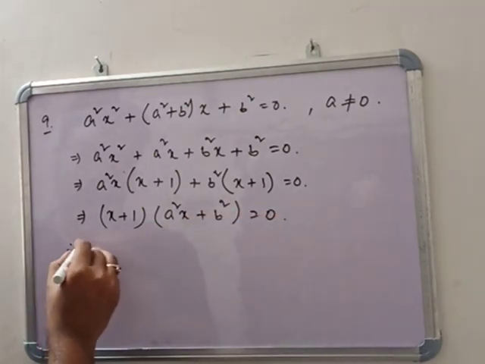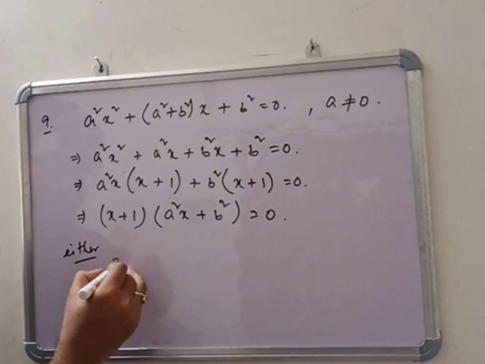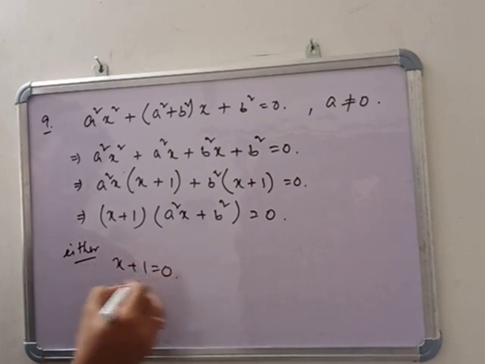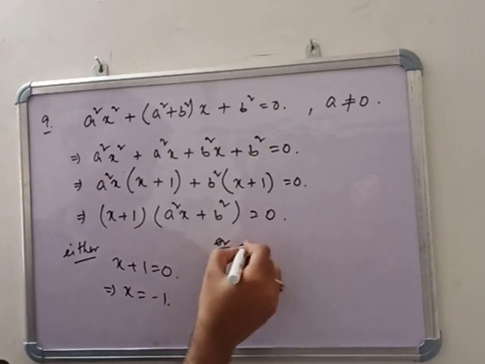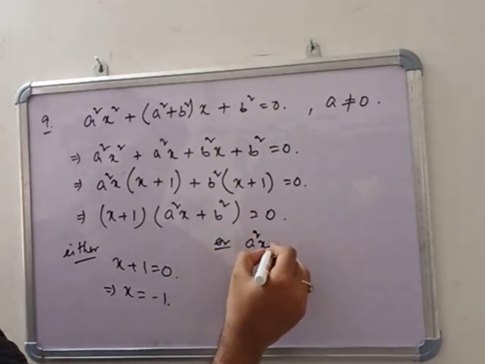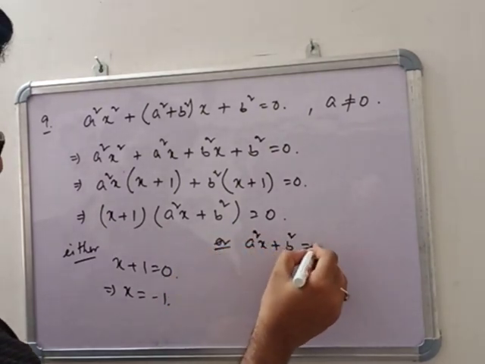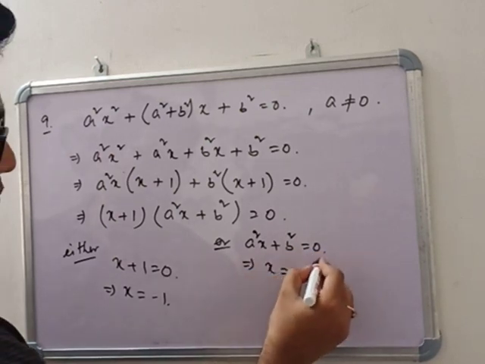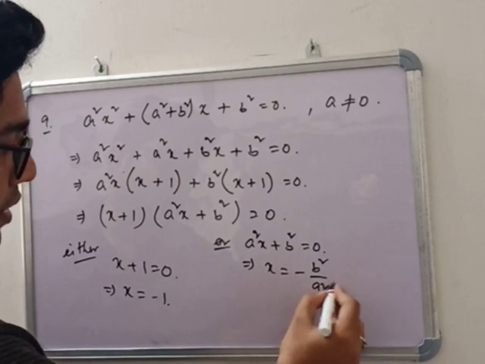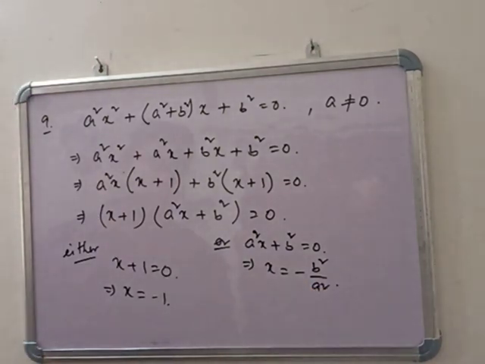So either x plus 1 equals 0, that implies x equals minus 1, or a square x plus b square equals 0 implies x equals minus b square by a square. Okay. So the value of x is minus 1 and minus b square by a square. Note it down, all of you.